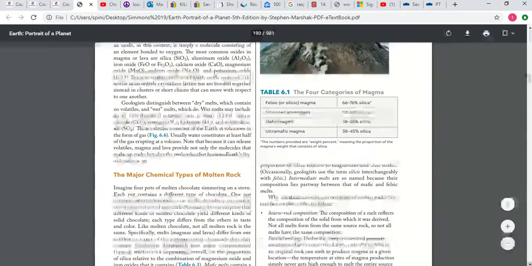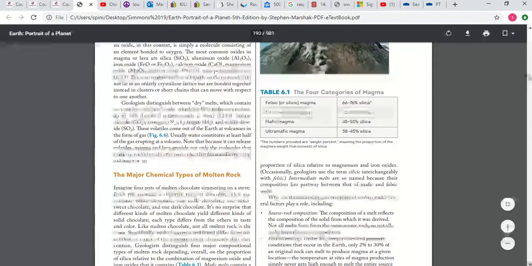So let's look at these specifically, and this is a little bit important. You're going to see the book talk about two different types of rock, or magma in this case. There on table 6.1, you can see where they talk about felsic magma and mafic magma.